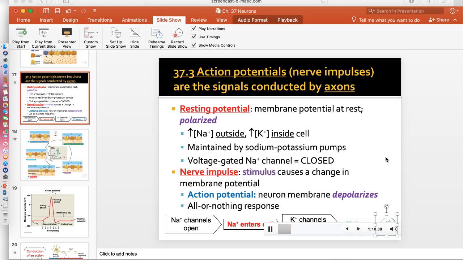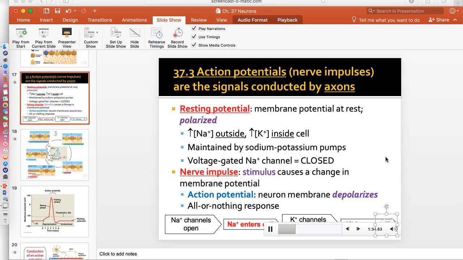So typically speaking, when the cell is resting, it has a high concentration of sodium outside of the cell. This is something you should memorize. It also has a high concentration of potassium ions inside the cell. Now, these ions carry charge.